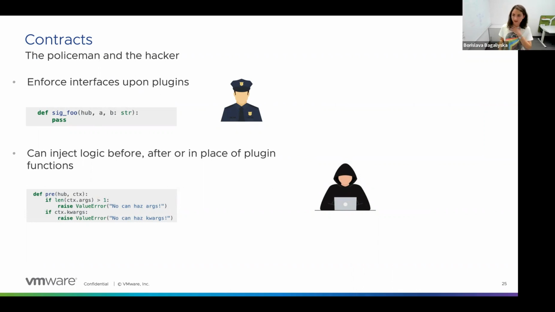And to do that, we have contracts. So contracts have kind of two functionalities. One of them is the first one, which enforces an interface. So what function should a plugin contain, what parameters it might take, and so on. And the other is to be able to inject code before, after, or in place of some function code.